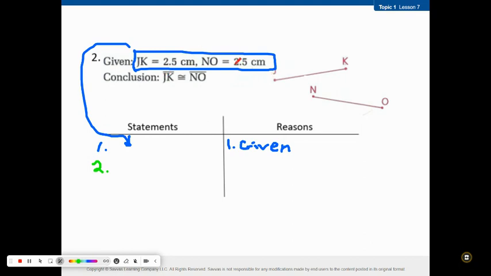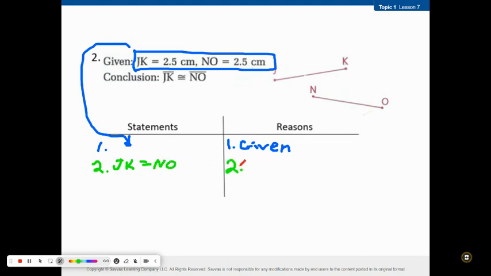They both have the same measure, so we know they're what? Good. We know they're equal to each other, so I'm going to put JK equals NO.